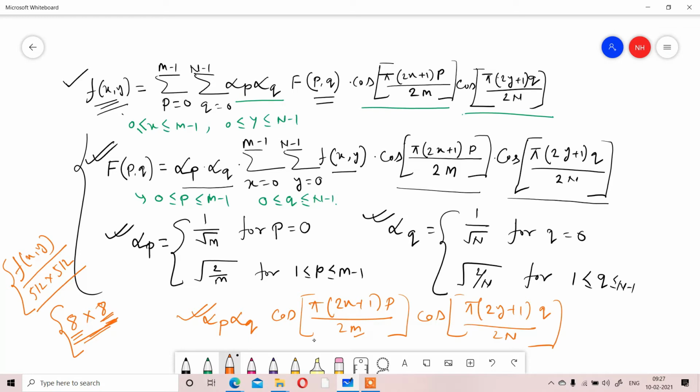So obviously you have to multiply that transformation matrix with fxy to get the transformed image fpq. So how will it happen? Obviously in a direct process it will not happen, because a 512 cross 512 matrix cannot be multiplied by an 8 cross 8 matrix. So what you have to do, simply you have to split that 512 cross 512 matrix into a set of 8 cross 8 matrices.